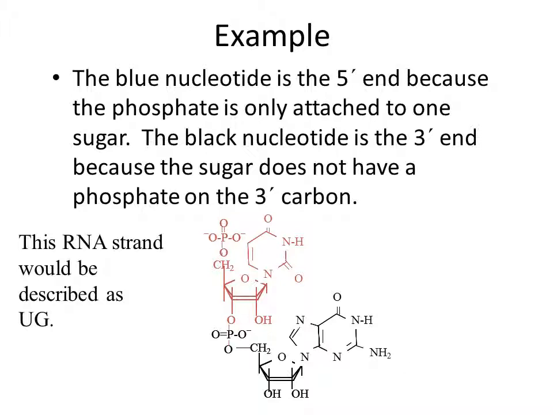Okay, so these are being attached to each other, and you can see the beginning of the strand is considered where the phosphate is. The end of the strand is where the sugar is with no phosphate attached. We call the beginning at the phosphate, the 5' end, and we call the end at the sugar the 3' end.